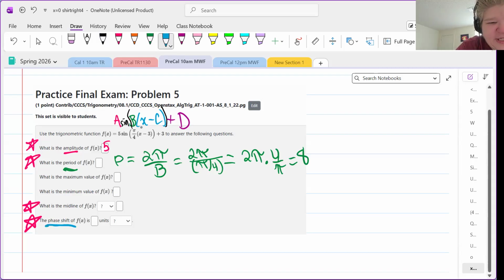All right, our phase shift comes from the x minus 3 in the factored form. So x minus 3 looks like we'd be going to negative 3, but the inside lies. So we really are just going to positive 3. It's not going to ask about the max and the min on the final.